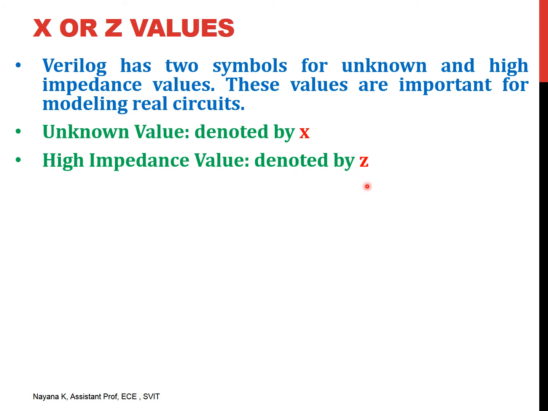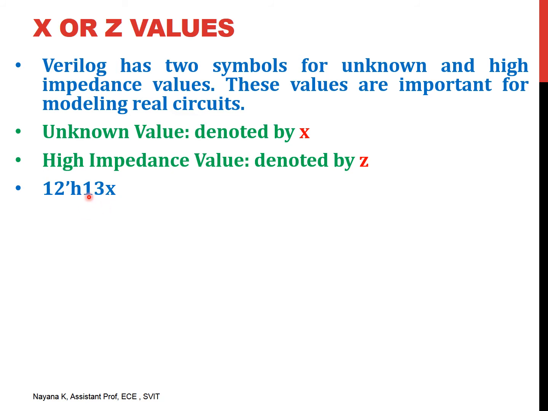Now let us see how these are represented in a number. Consider the number 12 tick H 13X. So this represents a 12-bit hexadecimal number 13X. We know that every hex digit will be converted into 4-bit format.